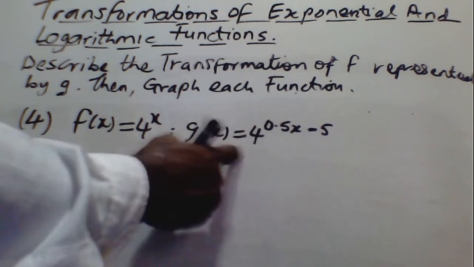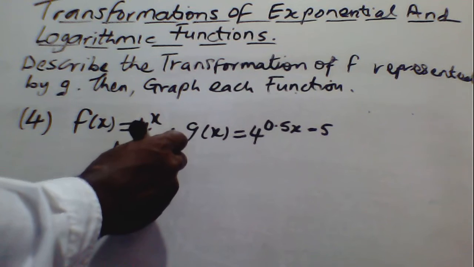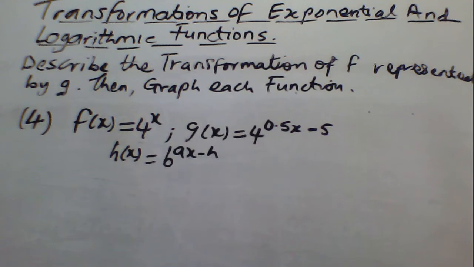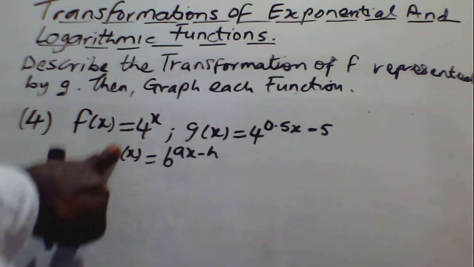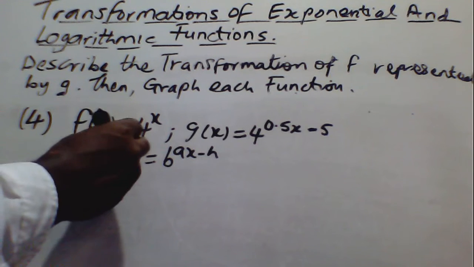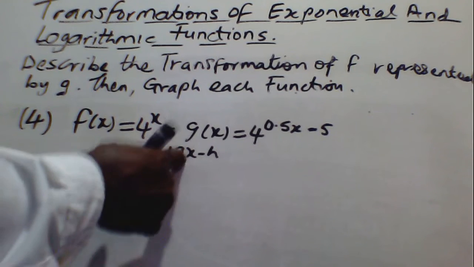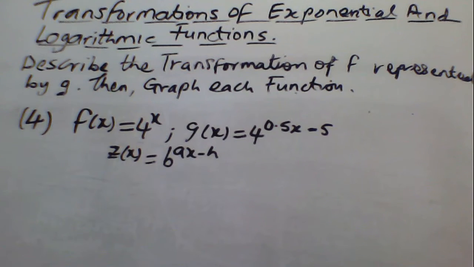First thing is to notice that g of x is of this form: b raised to power ax minus h. Mind you, h here is not the function itself, because this function can be anything, like z. I can use any letter. z of x is equal to b raised to power ax minus h. h here is a translation on the horizontal axis.